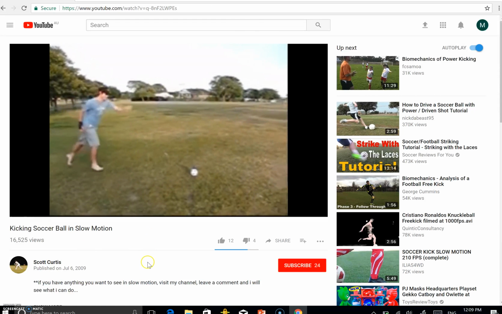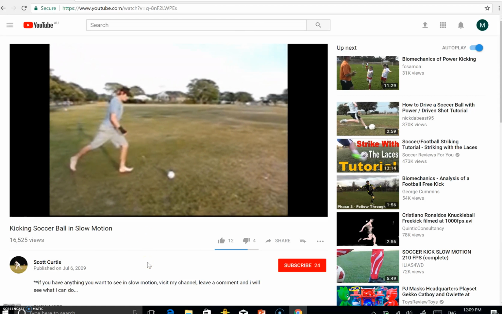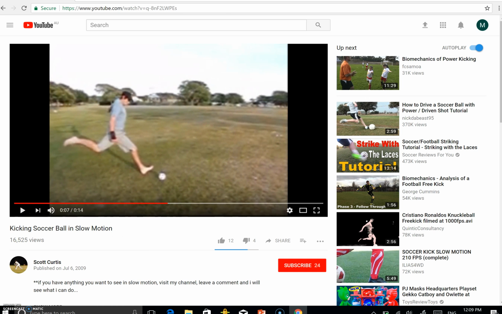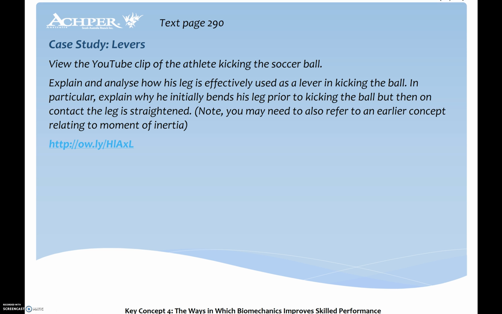So we're looking at kicking this ball. What we want to look at when we're kicking that ball is to analyse how the leg is effectively used as a lever in kicking that ball. So particularly explain why he initially bends his leg prior to kicking the ball, but then on contact the leg is straightened. Alright, so let's have a look at this again.